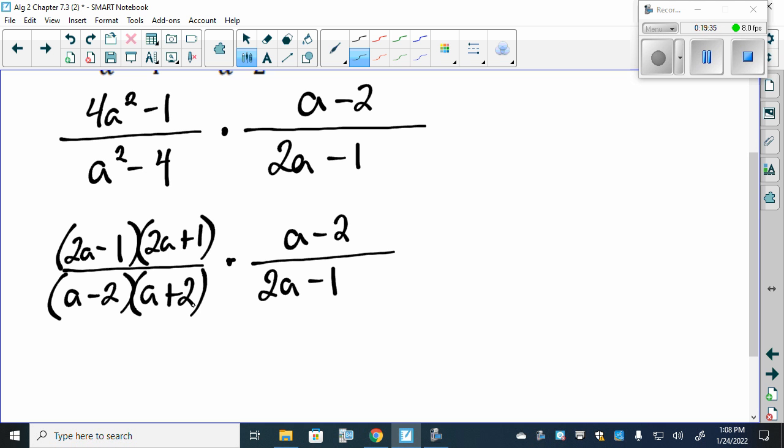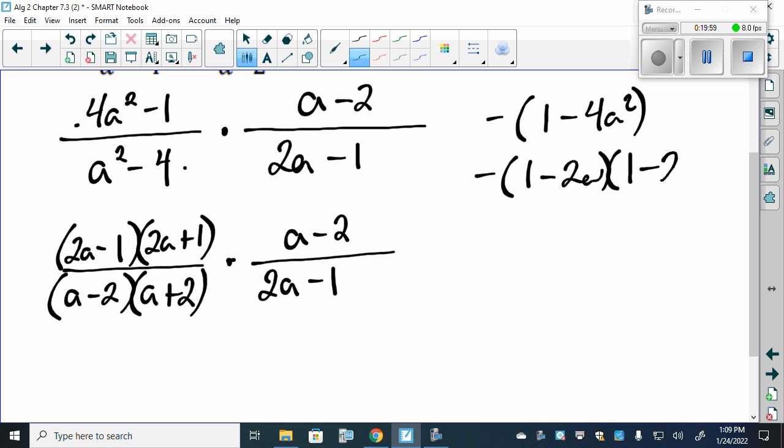Yes, ma'am. From this 4 here? Here? I wouldn't factor out the negative because, I mean, we could, which would give us 1 minus 4a squared, which would end up being 1 minus 2a times 1 minus 2a.